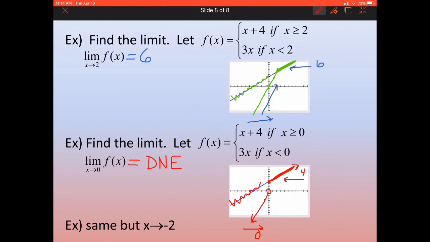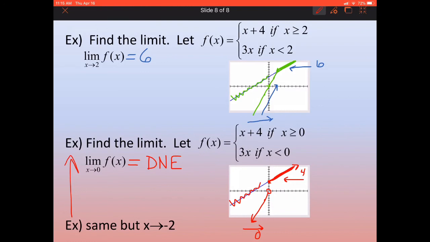Okay, so lastly, you'll notice the limit we were looking for was always where the split was in the function, but that's not always going to be true. So let's say I look at the same problem, but this time x is going to approach -2.